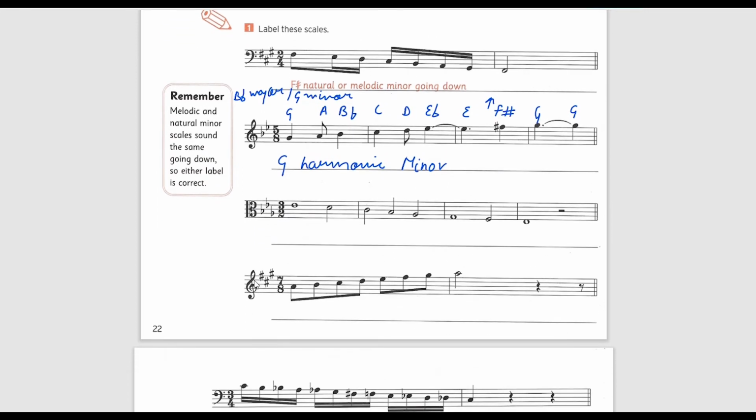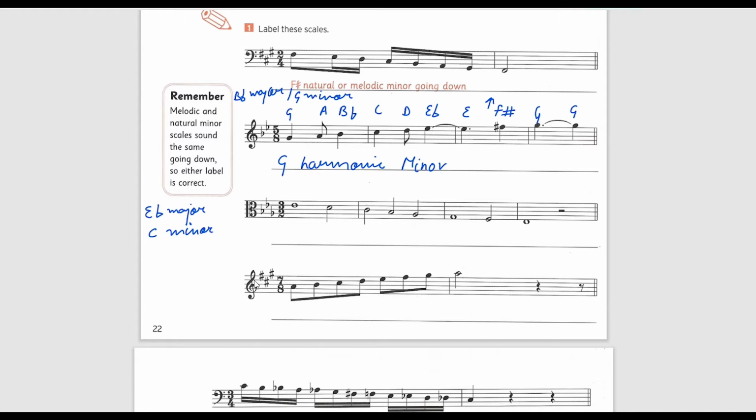In the next one we have three flats. Three flats could be either E flat major or C minor. Let's check the first clue: it starts on E and finishes on E. So this is the first clue that it could be E flat major.